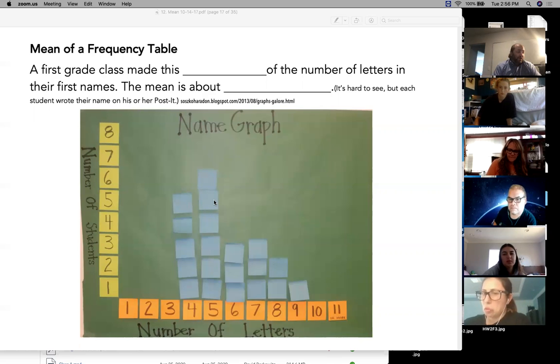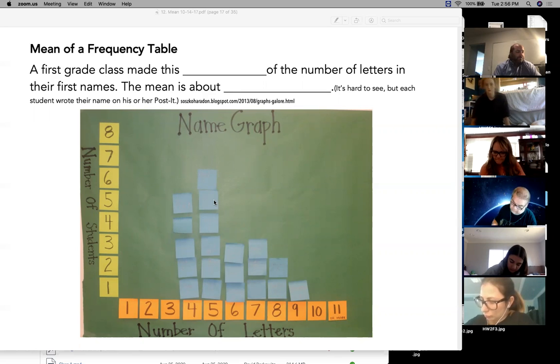This is a dot plot. Very good. So what's the mean? By looking at it, what do you think the mean is? 5 or 6? Okay, 5 or 6, somewhere around there.